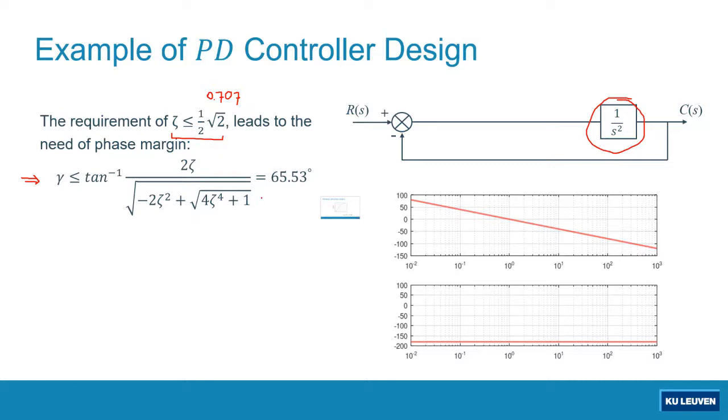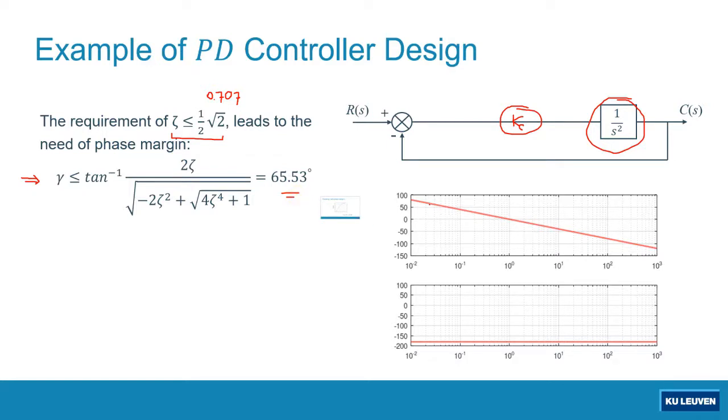If we look at the Bode diagram of the original system, the double integrator, we can easily see that if we only introduce a proportional controller, this requirement cannot be achieved, right?